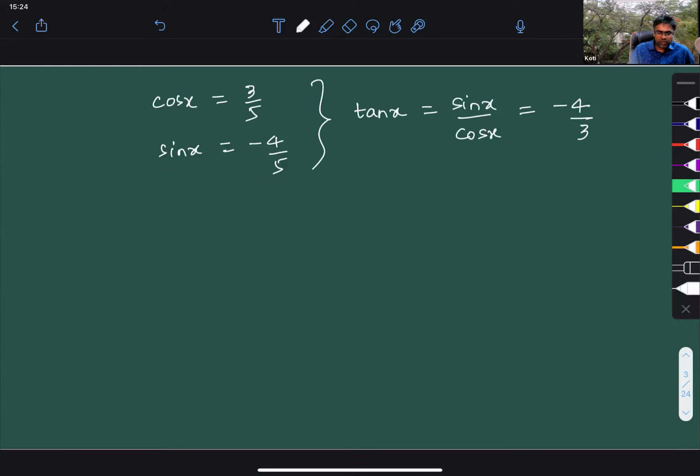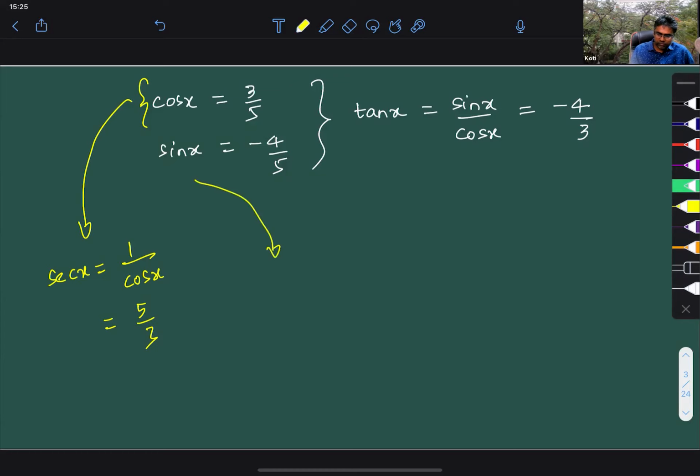Then I can use the cos x. If I use cos x, I can get secant x. So what is secant x? Secant x is 1 over cos x, so I'm going to flip the ratio. So this will become 5 by 3. And then if I use sine x, I'll get cosecant x.